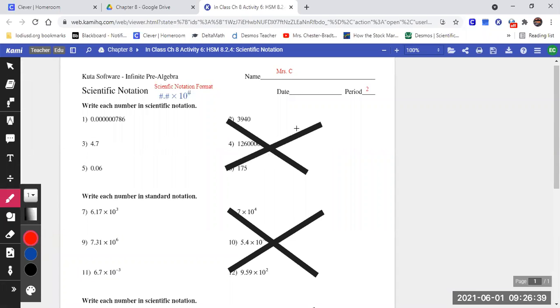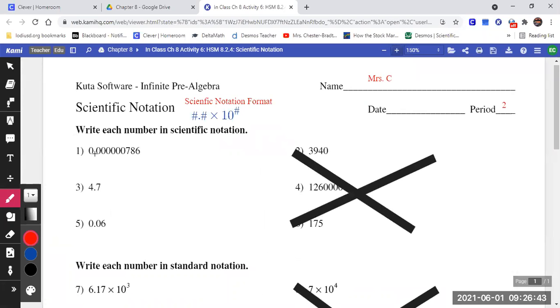So let me zoom in a little bit. My decimal is currently right here. I'm going to jump, and I'm going to count as I jump how many jumps I take until I have a single number in front of the decimal place.